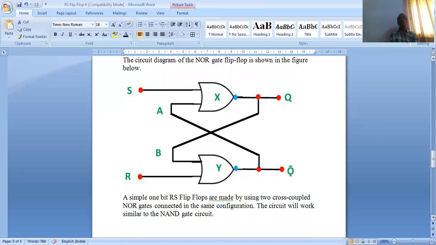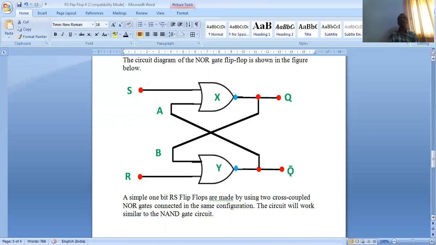The output Q is connected to the upper NOR gate X as input A. The output Q bar is connected to the input of the lower NOR gate Y as B. Here the only difference is that Q bar and Q change sides in the diagram.